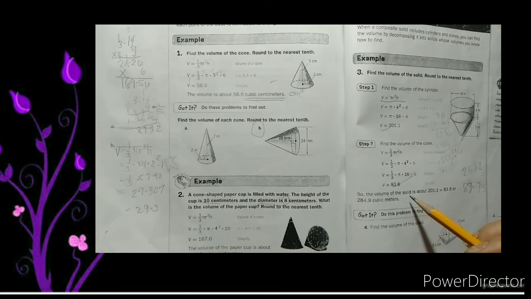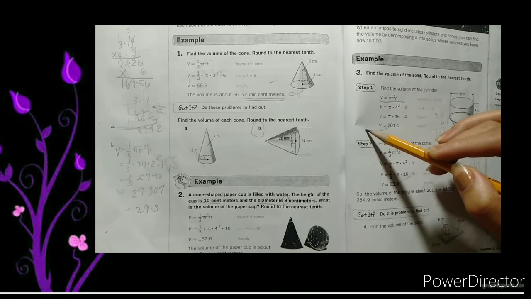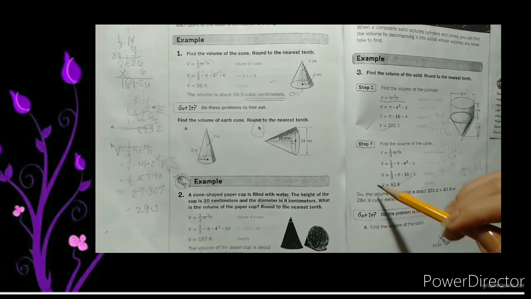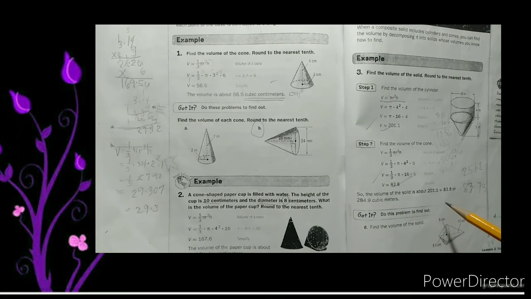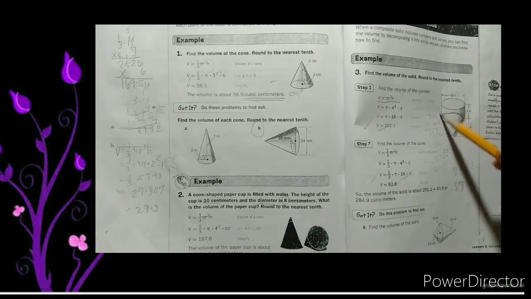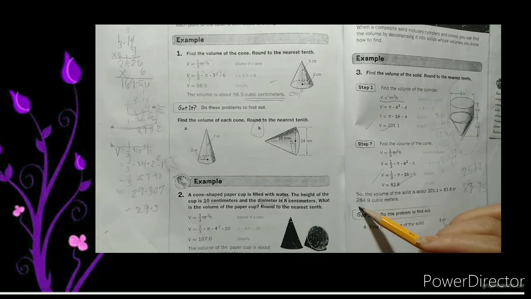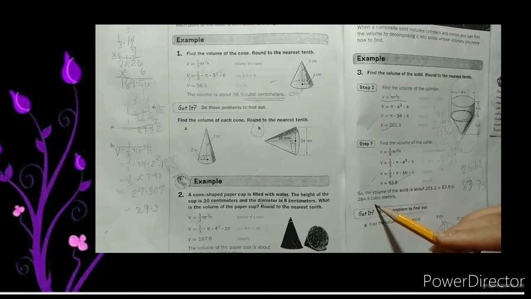So the volume of the solid is about, you will add the volume of the cylinder and the volume of the cone. 201.1 plus 83.7. So the volume of this composite solid is 284.9 cubic meters.